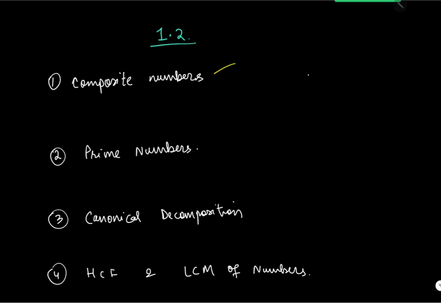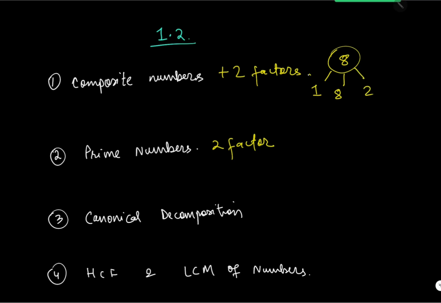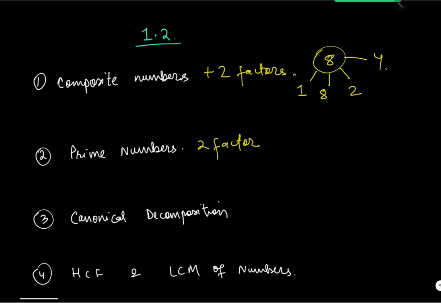Composite numbers are those numbers that have more than two factors, and prime numbers are those numbers that have exactly two factors. What do we mean by this? If we take, let's say, 8, we know that the number 8 can be divided by 1 and the number itself, which is 8, and 8 can also be divided by 2 and 4.